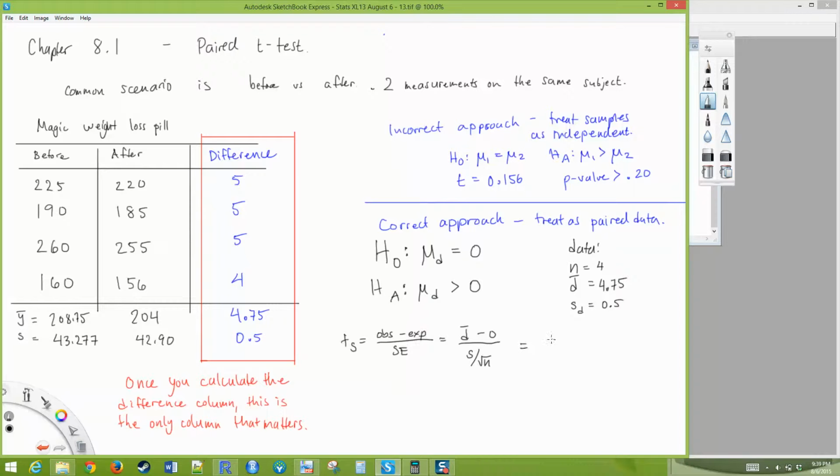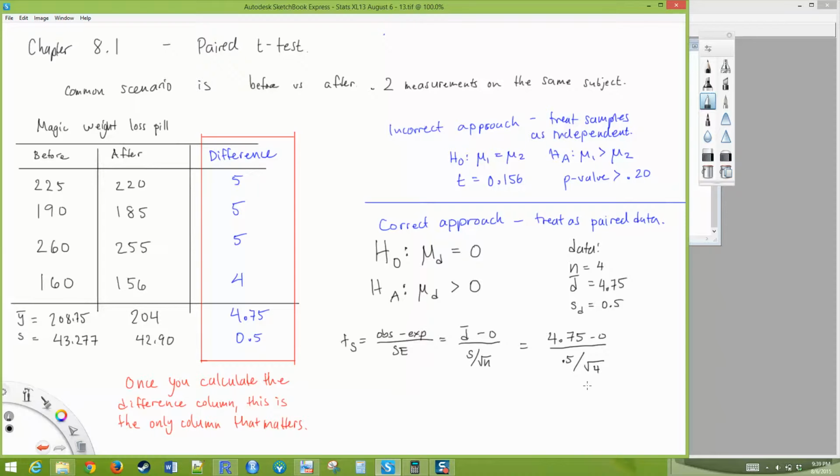So we have 4.75 minus 0 divided by 0.5 divided by the square root of 4. This is pretty much the standard error for the sampling distribution, or the confidence interval, when you just have one sample, right? s over the square root of n.